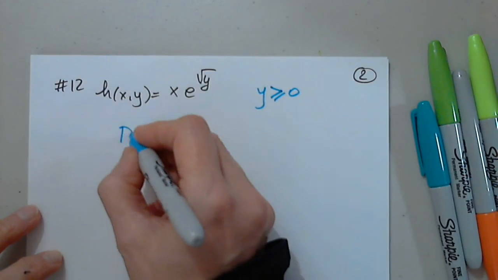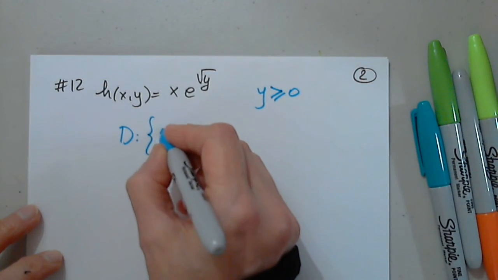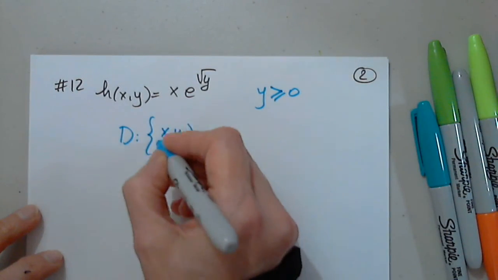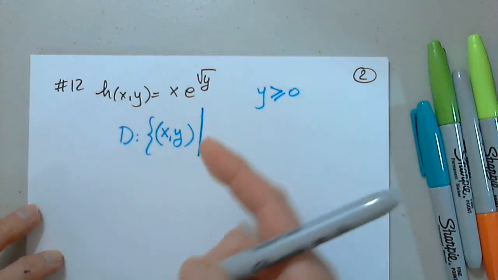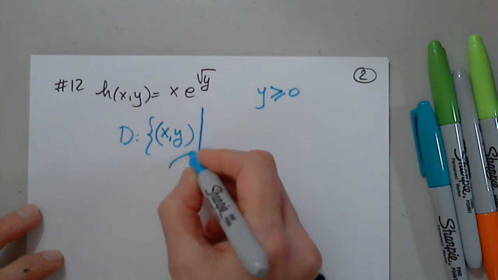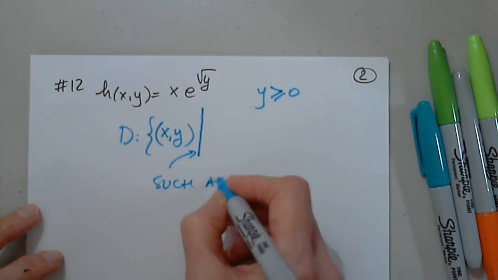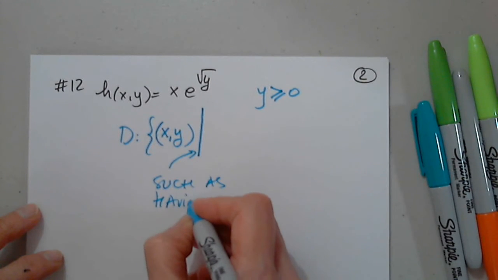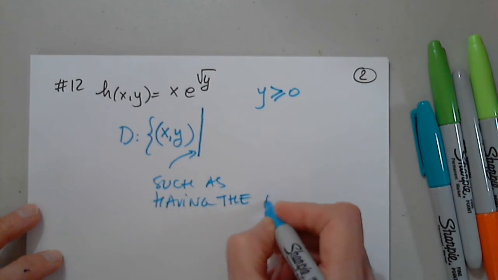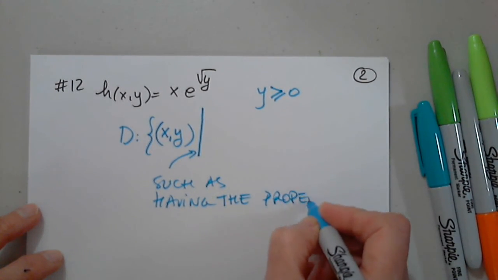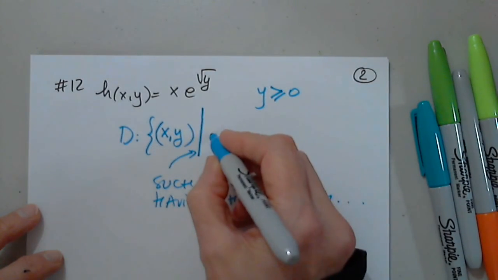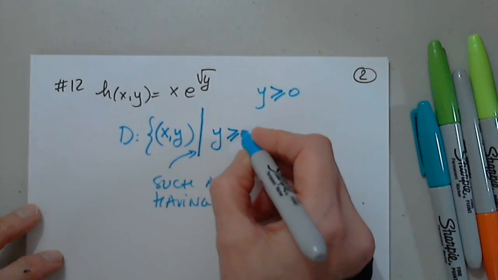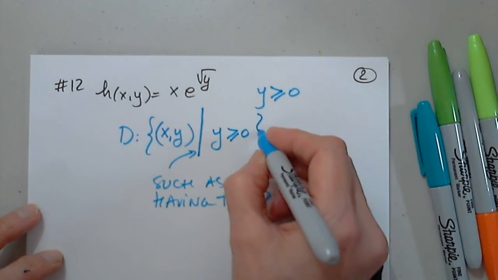So then the domain of this function is any ordered pair x comma y having the property... what is the property? That y is greater than or equal to 0 and any x.